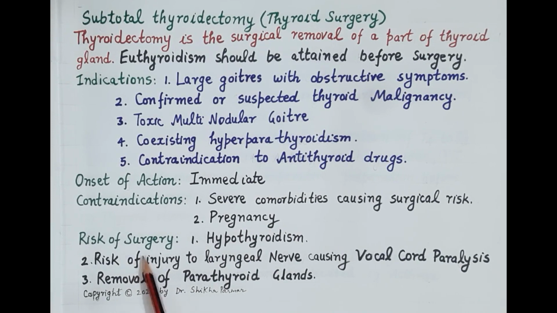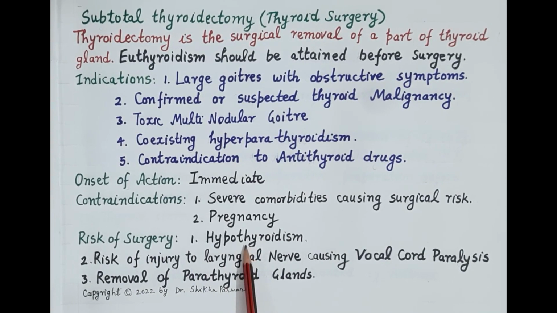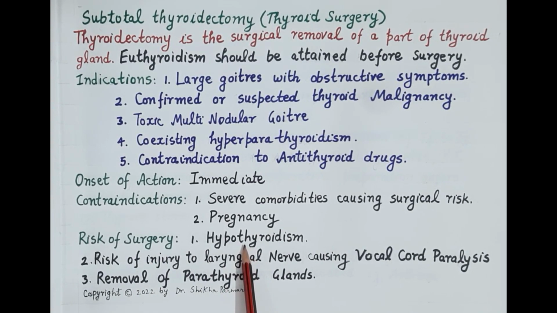Then risks of thyroidectomy are, for example, hypothyroidism. Sometimes this thyroid surgery can cause permanent hypothyroidism, and there is also a risk of injury to the laryngeal nerve.